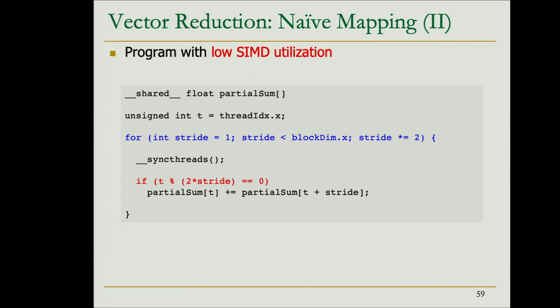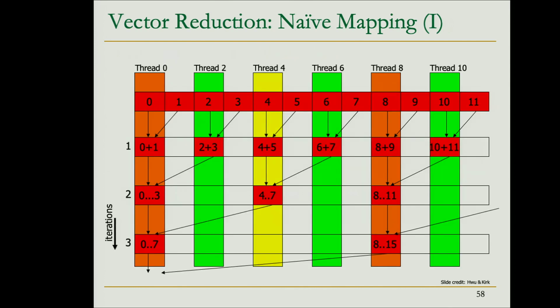Observe that this is a really simple program, right? Here I have a variable t that represents the thread index, and over the iterations I start increasing the stride. For thread 0, the stride between the two elements that it needs to add is only 1. In the next iteration, the stride is 2, in the next iteration 4, and in the next iteration 8.